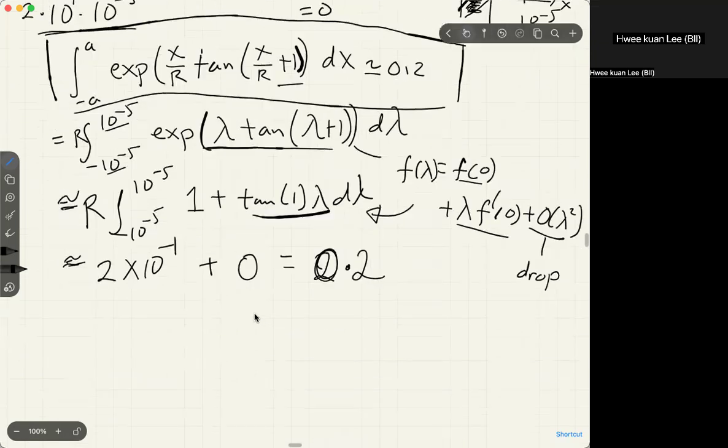Okay, so this is called linearize. Why is it called linearize? Because f of lambda is not a linear function, right?